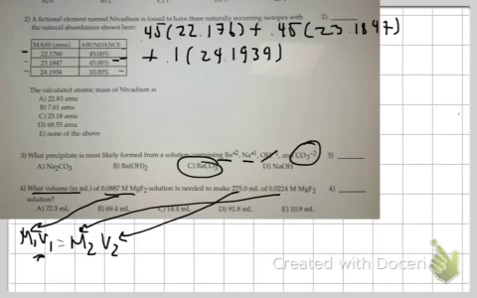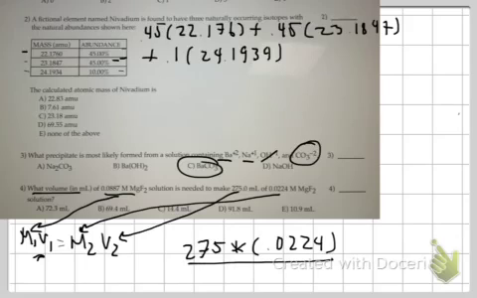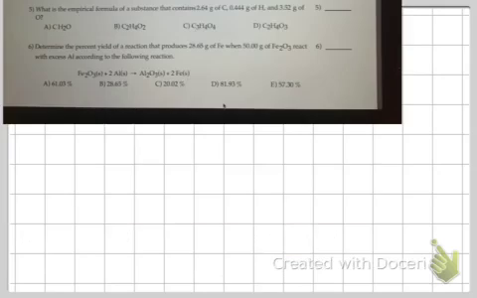So it's really just going to be 275 times 0.0224 divided by 0.0887, whatever that is. So that's the answer, and that's how you figure that one out.